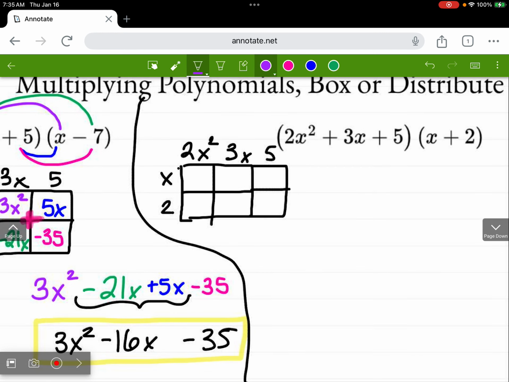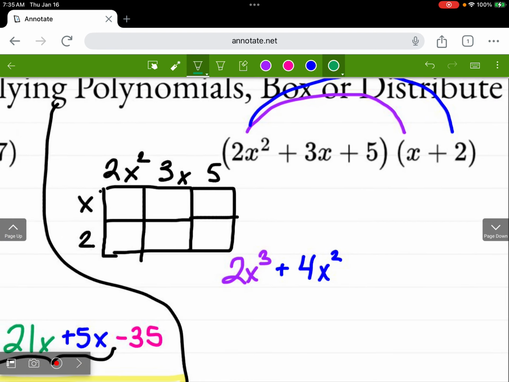So we're still going to wind up with the same things. I'm going to take my 2x squared times x, and that's going to give us what? 2x cubed. We're going to take our 2x squared times 2, and that's going to give us 4x squared. I got to write a little smaller.